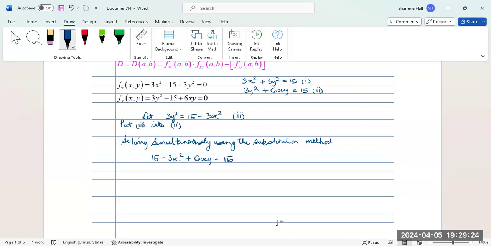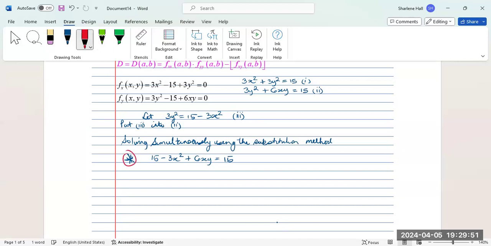So do you agree that for my equation 2, I'm substituting the 3y squared now for 15 minus 3x squared? Yes, sir. And do you agree that this here forms the new equation, the substituted one? Agree? Yes, sir.